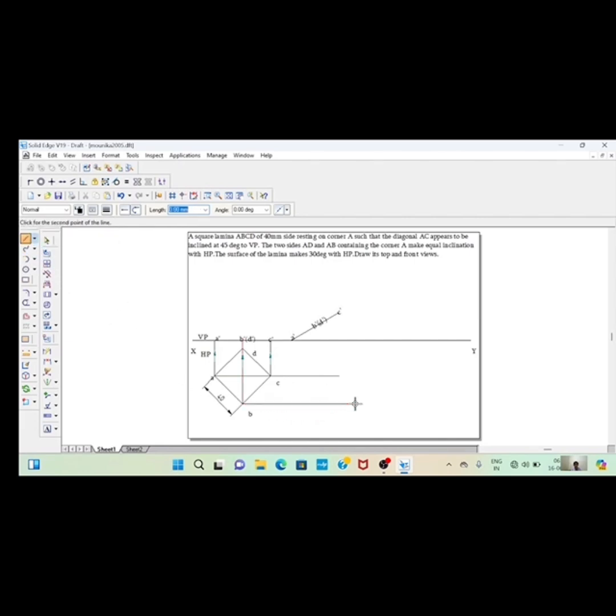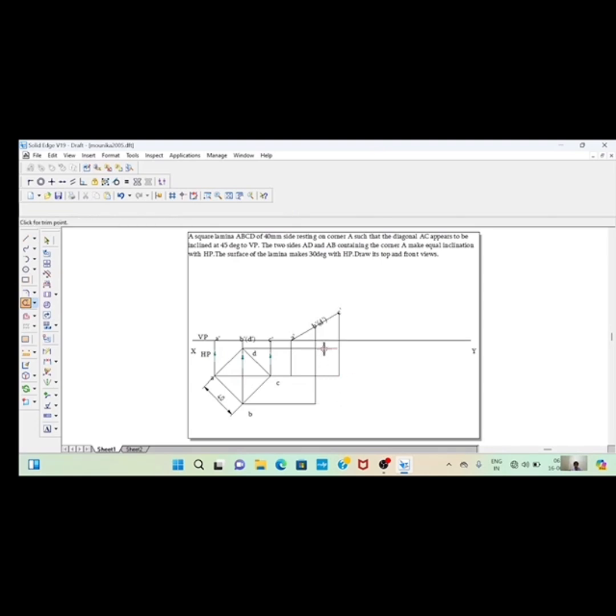B to B dash. C to C dash. And also from D to D dash. Take the endpoints and project to A dash, A and A dash, B dash to B, C dash to C, and D dash to D. Now take the trim option.